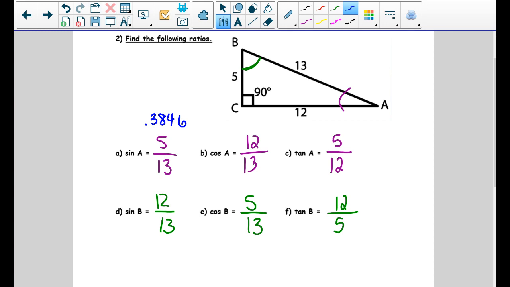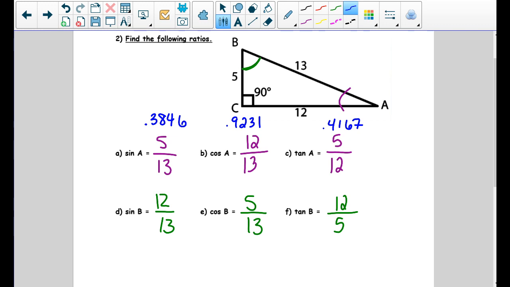If I look at the second one, 12 over 13, I get 0.923. We'll round that up to a 1. And then 5 over 12, 0.4167, rounded.